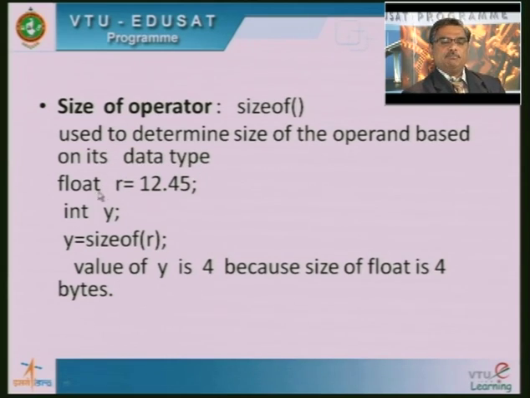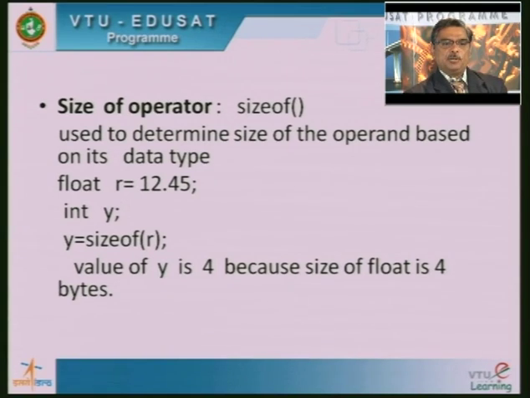For example, float r = 12.45. You are assigning 12.45, the value, to a variable r which is of type float. A float inside the memory location occupies 4 bytes. So how the sizeof function can be used in your programming is y = sizeof(r).